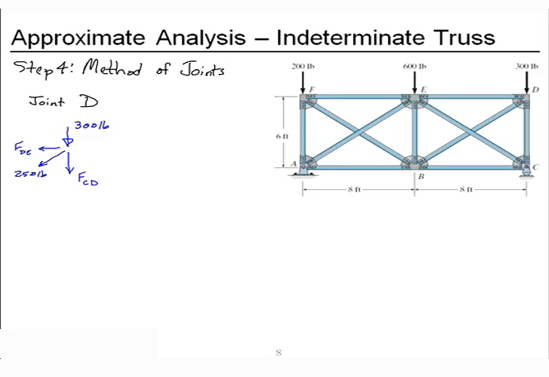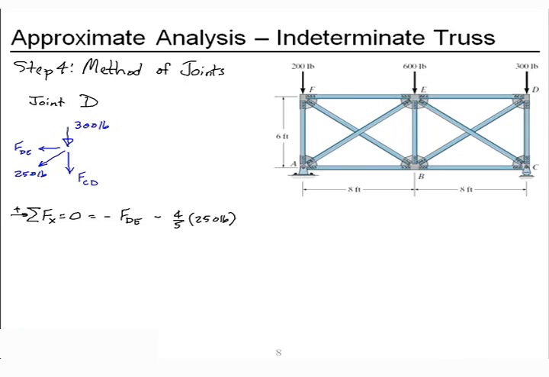I'll start with forces in the X. We'll assume to the right is positive, and I'll have the negative contribution of the member DE, and a negative contribution, which will be 4/5 of the total in the diagonal, 250 pounds.